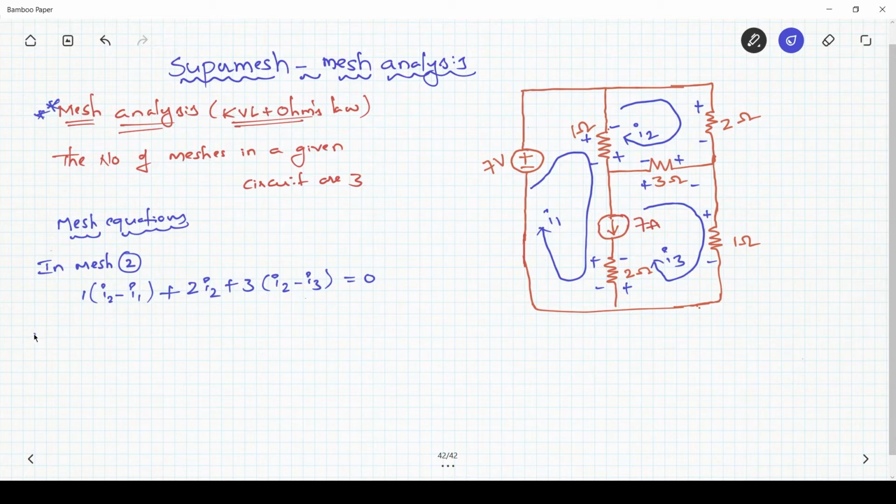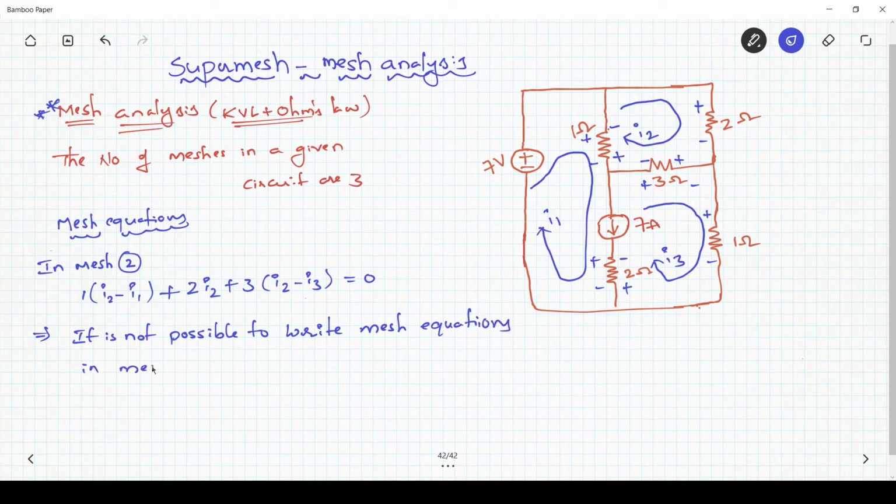Here I am writing this point: it is not possible to write mesh equations in mesh 1 and mesh 3.